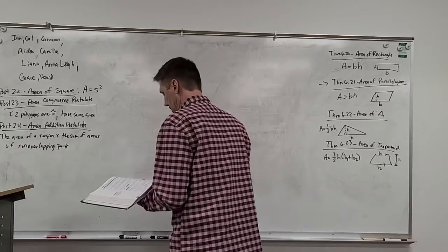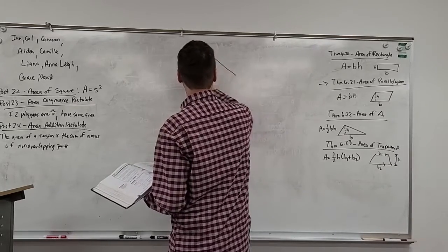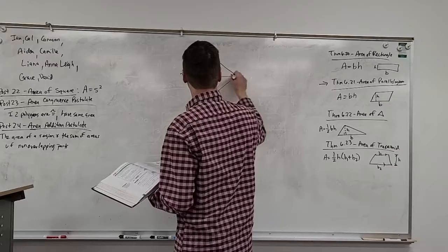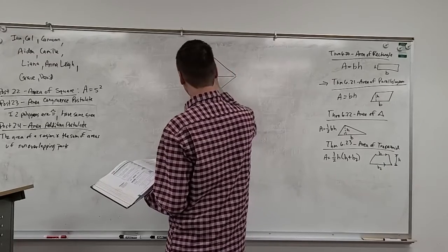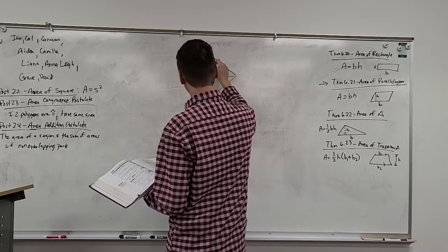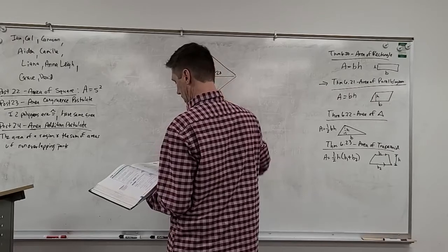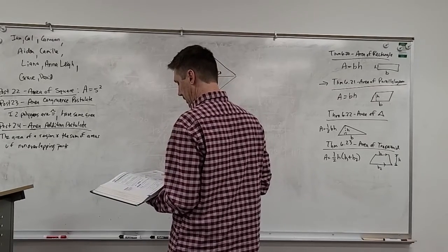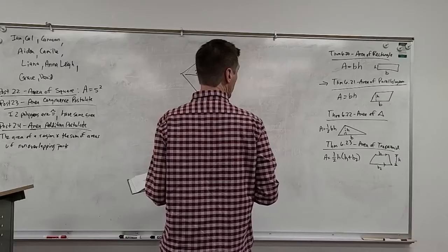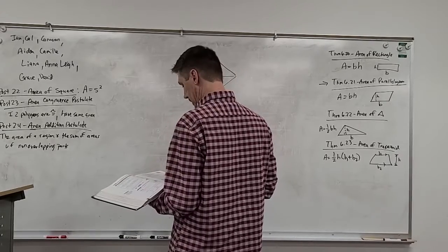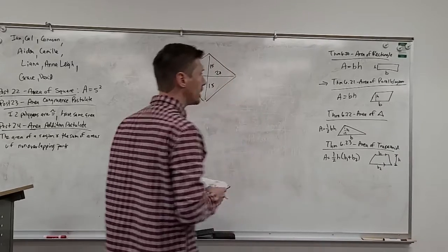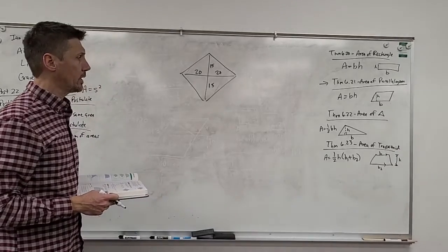But let me just set this problem up, because I know some of you have to go. All right? So we've got this problem that looks like this, and they give us this, 20, 20, 15, 15, and they say find the area of this rhombus. Well, this one's actually pretty straightforward, right? So don't let it confuse you the way that they lay it out.